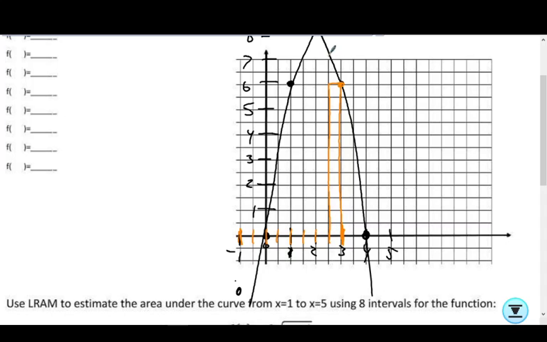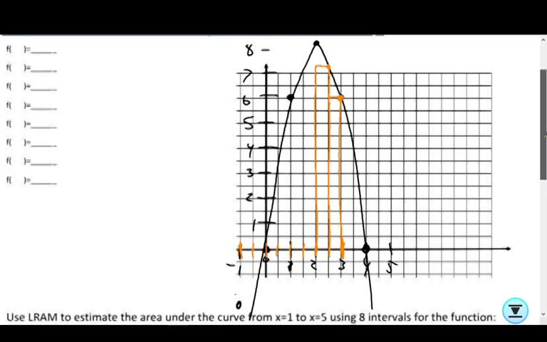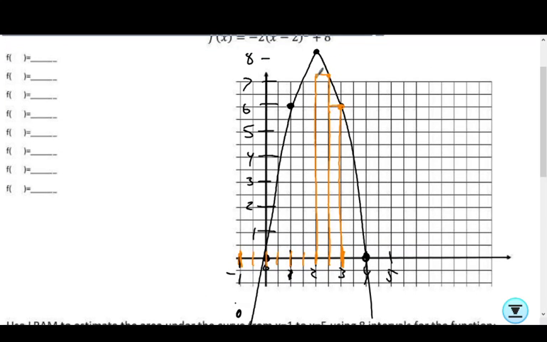This one is going to hit here. So here's my rectangle like this. Then my next one is going to hit here like that. And then this one will hit, say, here like that.